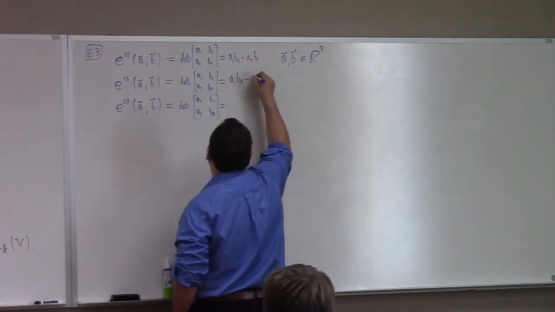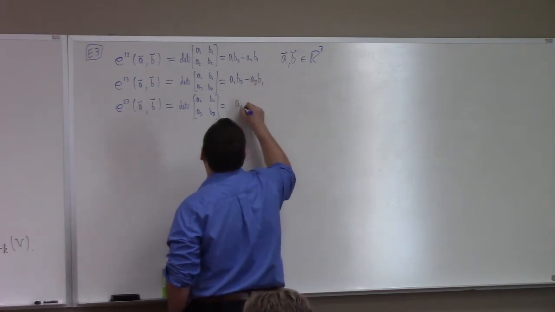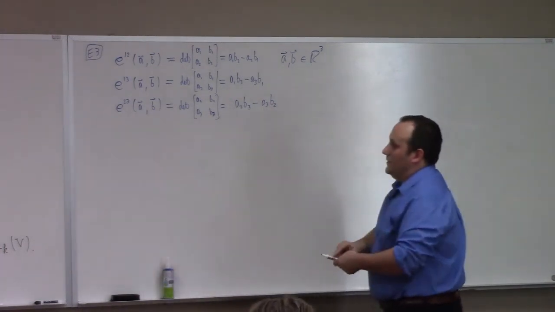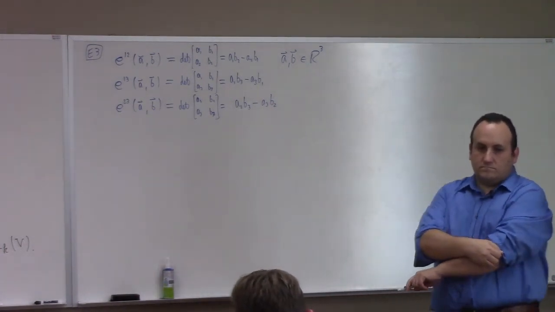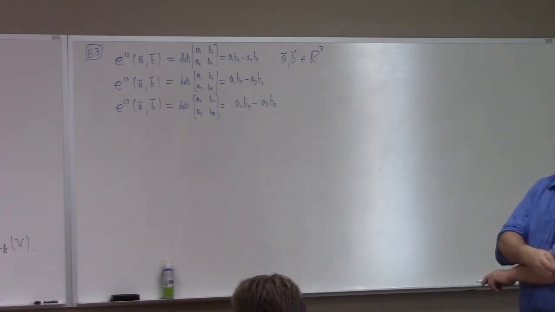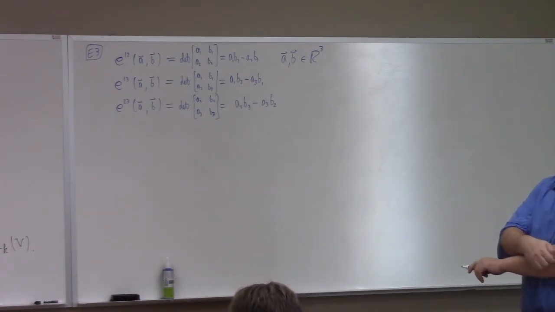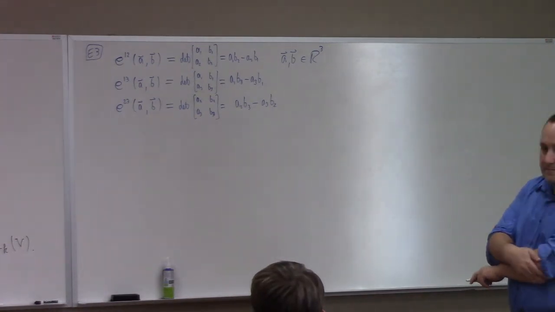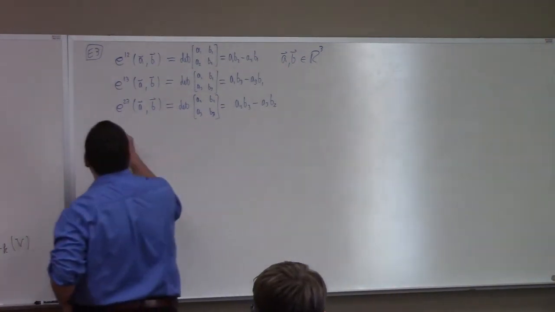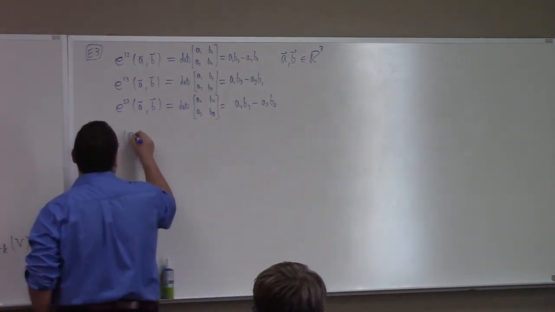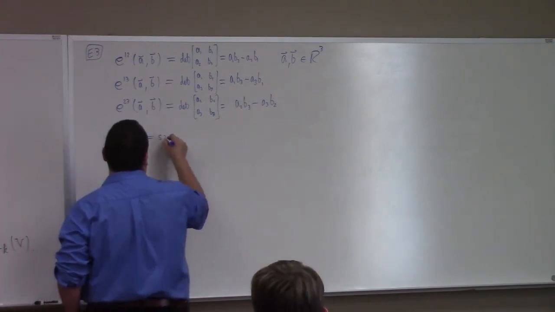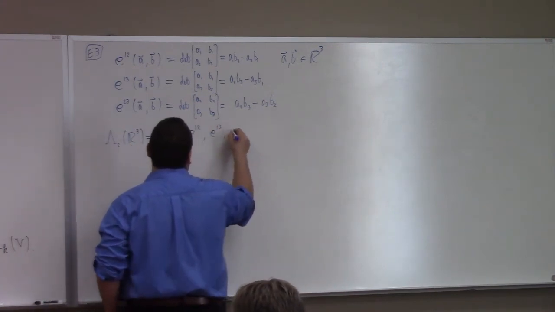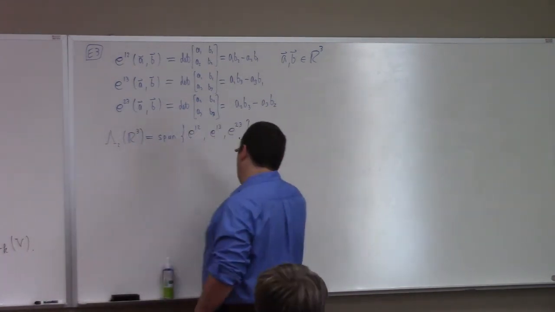A1 B3 minus A3 B1. A2 B3 minus A3 B2. In fact, these three two-forms form a basis for the vector space lambda 2 of R3.